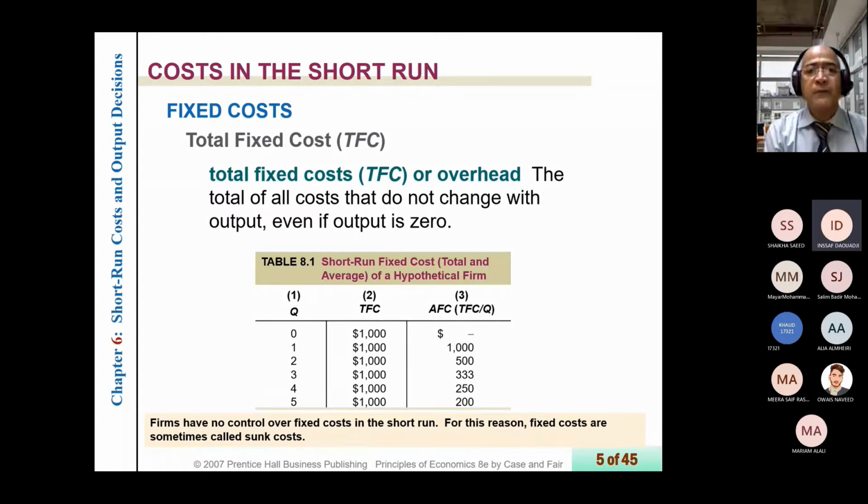Fixed cost, total fixed cost, TFC or overhead, is the total of all costs that do not change with output, even if output is zero. Okay, so see here, this is the quantity produced: 0, 1 kilo, 5 kilos of tomatoes.